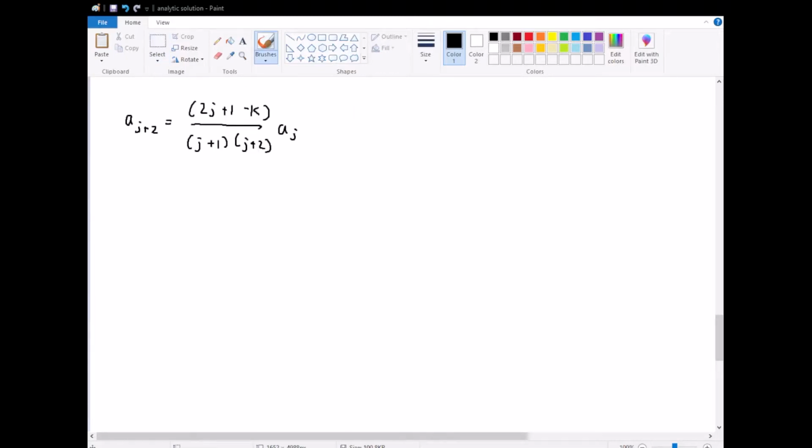Okay, now that we've taken care of all of the problems that arose because of this recursion formula, we can actually start using it to obtain k. So we have our condition that a of n plus 2 has to equal 0.